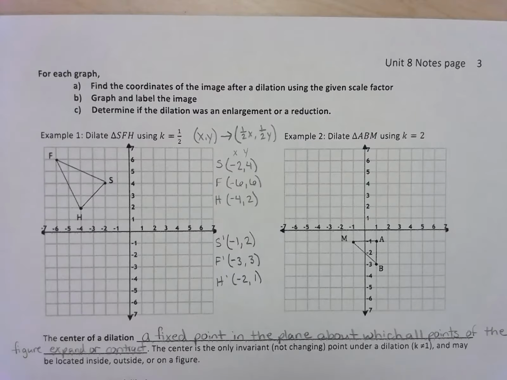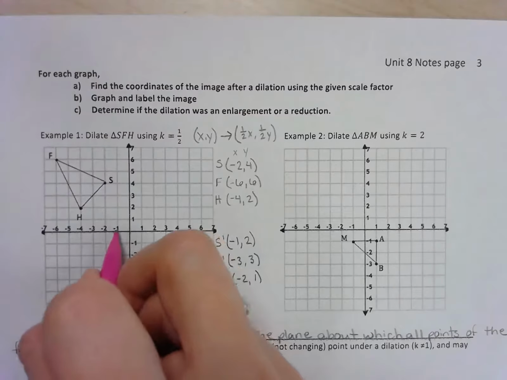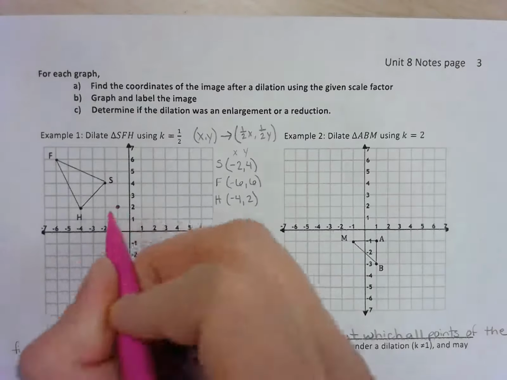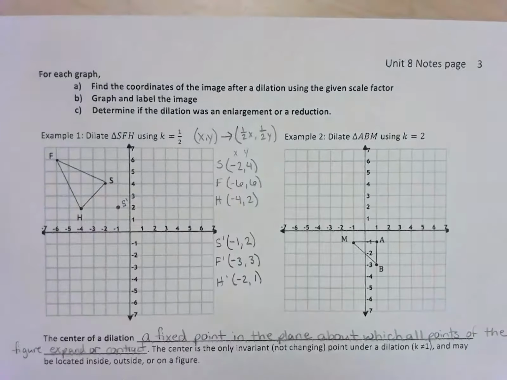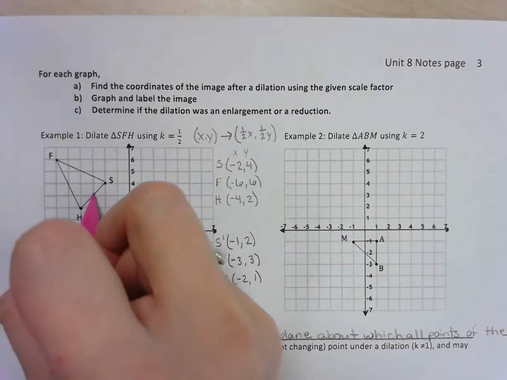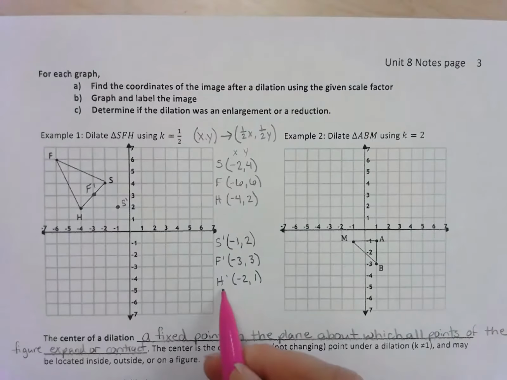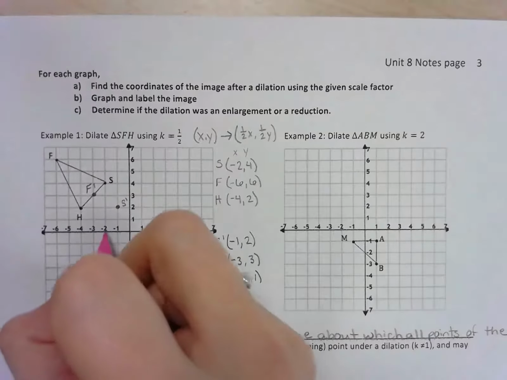Let's graph these ordered pairs for our image. So -1, 2 is our S prime. Be sure to label your points as you graph them. -3, 3 is our F prime. And then H prime is at -2, 1.